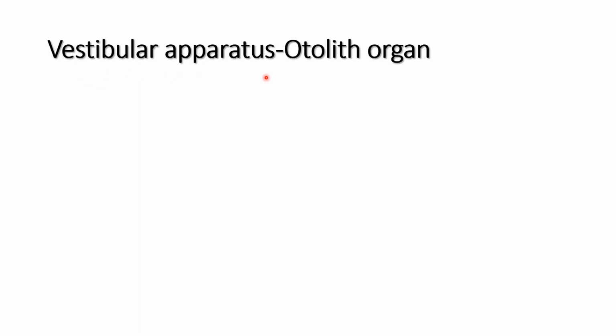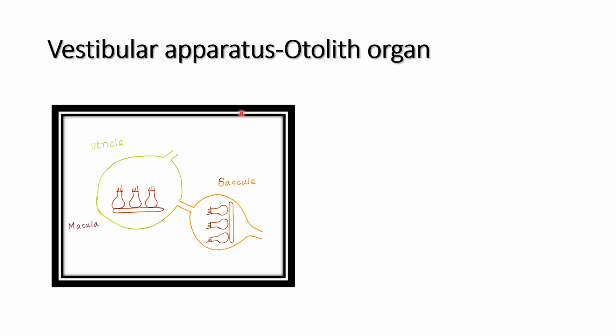In the vestibular apparatus, the utricle and saccule are called the otolith organ because they contain calcium carbonate crystals. The calcium carbonate crystal is otherwise called the otolith, so it is called the otolith organ.